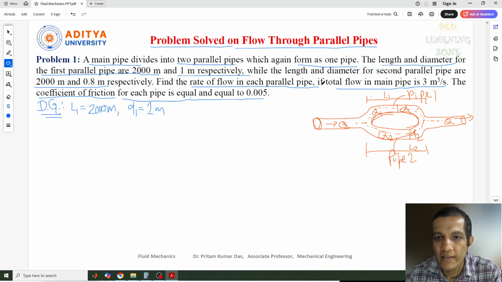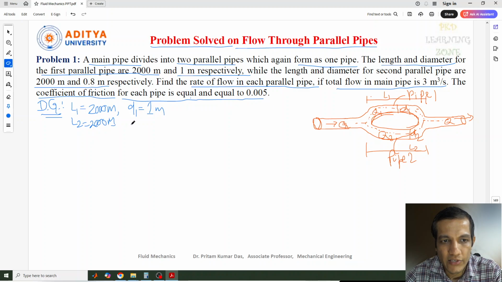While the length and diameter of the second parallel pipe: L2 is the same length, so there is no change in length, only a change in diameter. Here the diameter is 0.8 meter, and we need to find the rate of flow for each parallel pipe.